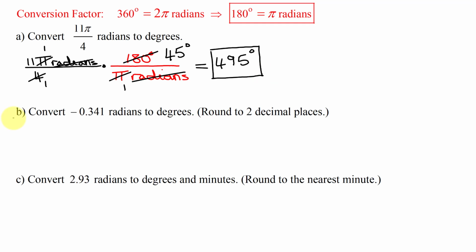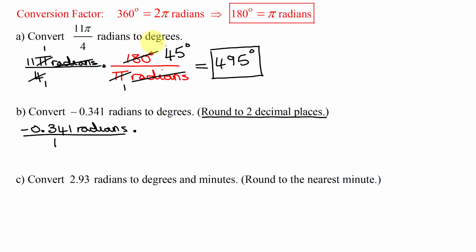In part B, I need to convert negative 0.341 radians to degrees. This time, I need to round to 2 decimal places, so you know you're going to need a calculator. So you take your given angle of negative 0.341 radians, turn it into a fraction by dividing it by 1.